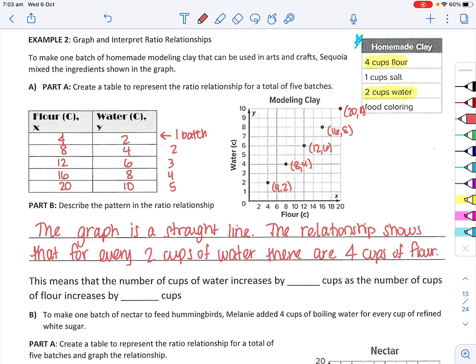Because when we describe our ratio relationship, we want to describe it as if the fraction were written. And in this case, the fraction would be 2/4, the comparison of water to flour.